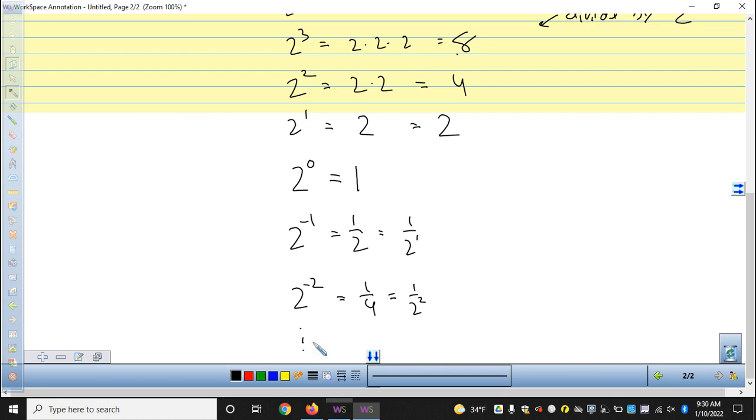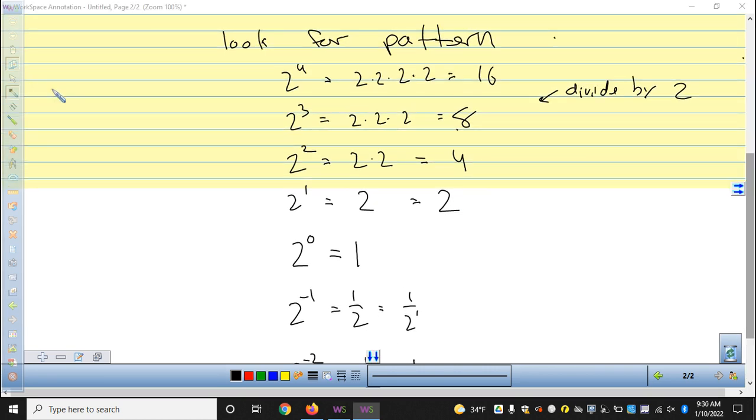Yes? Is it when you use like any number? We could do this with any number, because I could go over here. I'll just write another one up here. 10 to the 4th is 10 times 10 times 10 times 10, which is 10,000. 10 to the 3rd is 1,000. 10 squared is 100.